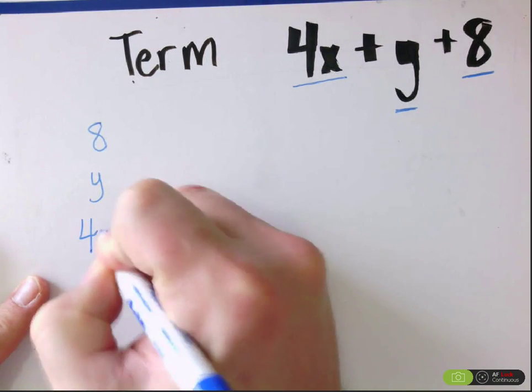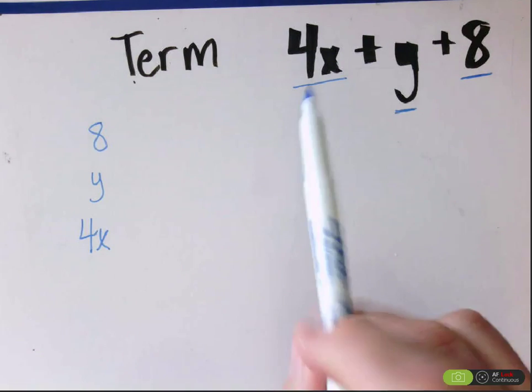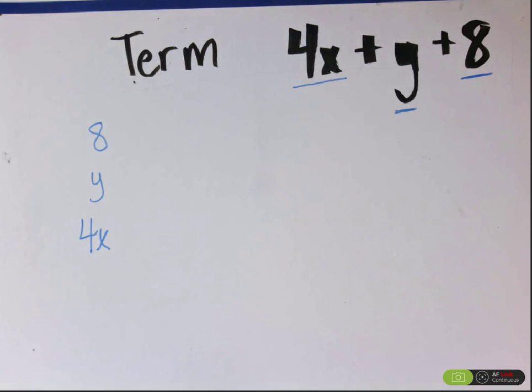So in any expression, there are different types of terms: any coefficient with its variable, any variable by itself, or any constant by itself. We're going to learn how, if you have multiple of the same type of term, to combine them to shorten an expression or an equation to make it a little bit easier on yourself.